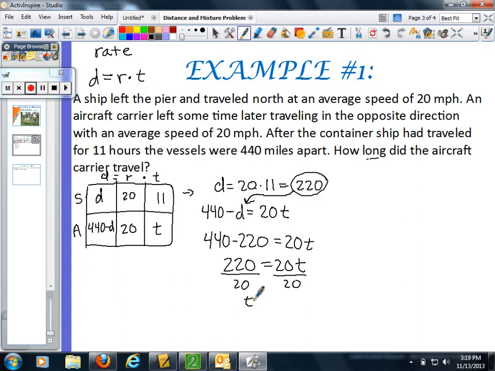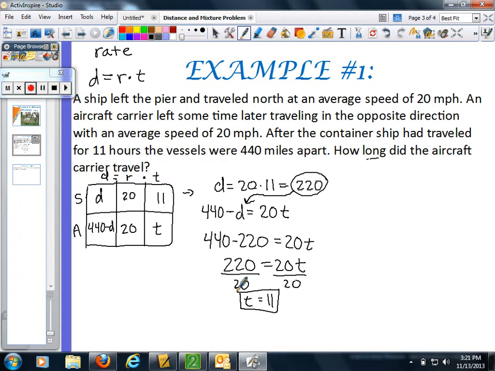And I get that T equals 11 hours. Okay, sorry about that. So that means that the aircraft carrier then traveled for 11 hours.